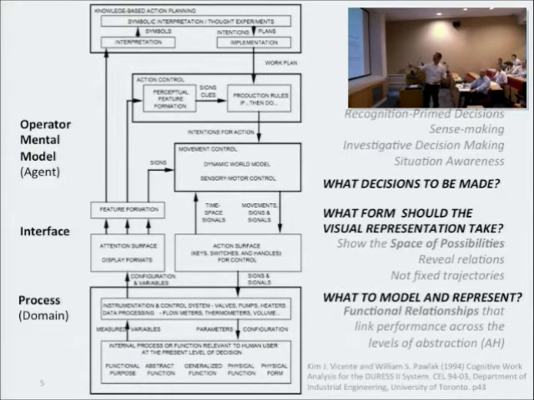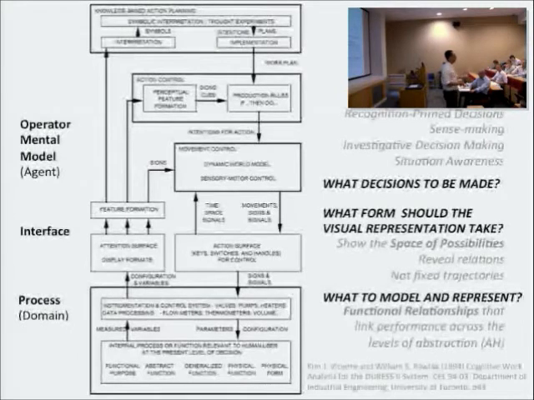And then in terms of the operator space, they talk about a framework called the SRK framework: skills, rules, and knowledge-based behaviors. At these 3 levels of behaviors, some of the things are dealt with at a very instinctive level. If I see a red light, I hit the brakes, or I press a particular button.